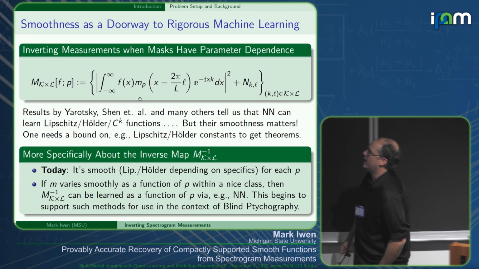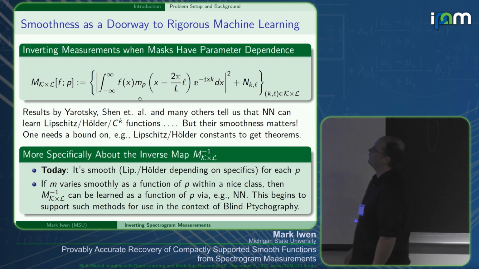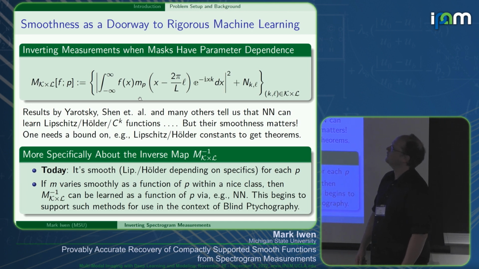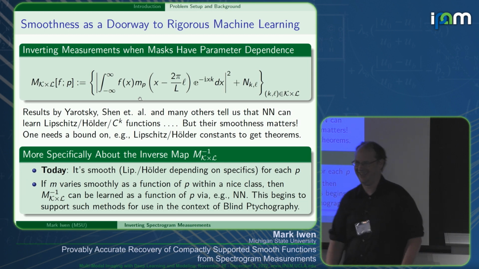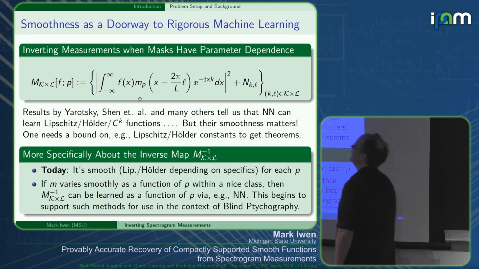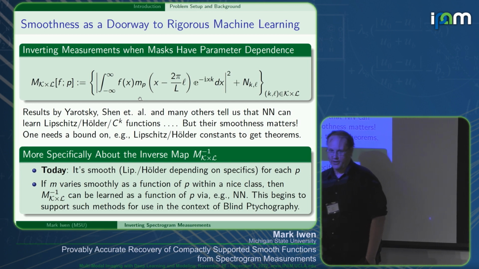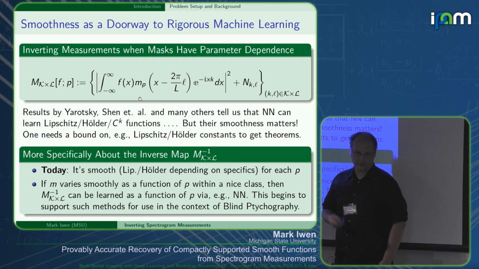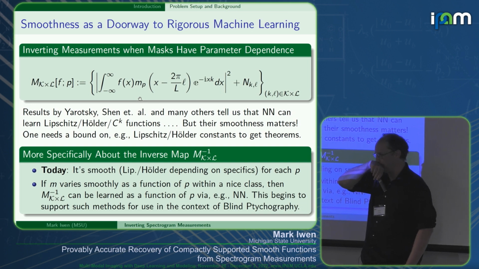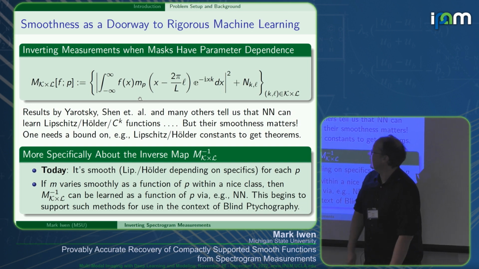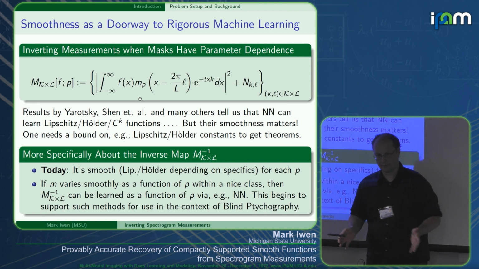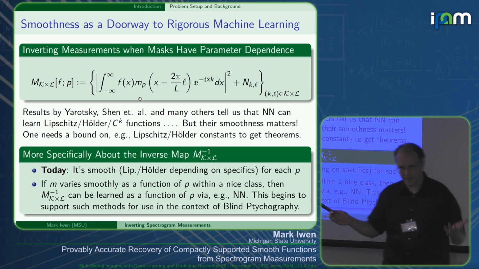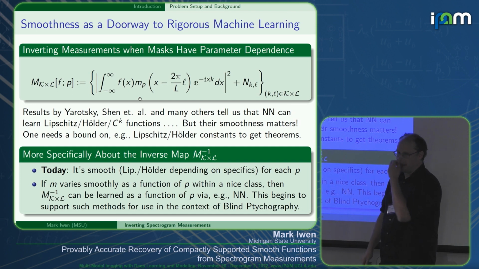So my lame attempt to convince you that you should care about smoothness, if you like machine learning, is the following. A lot of these problems in reality are blind ptychography problems. You don't know what the mask is. And maybe you really want to prove something about a neural network or some other type of learning approach actually being able to solve a problem like that. So what could you do?